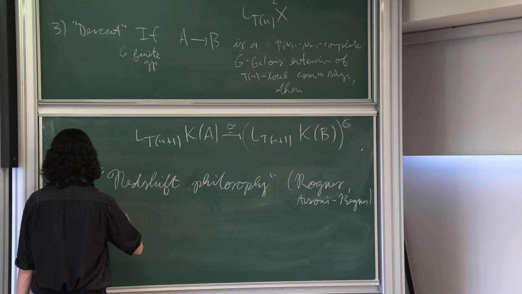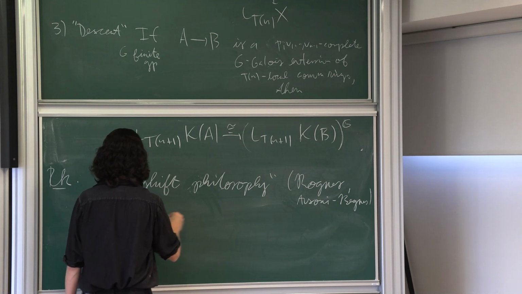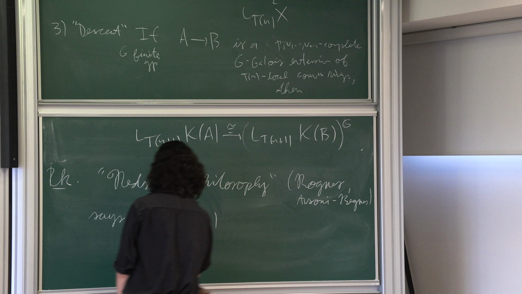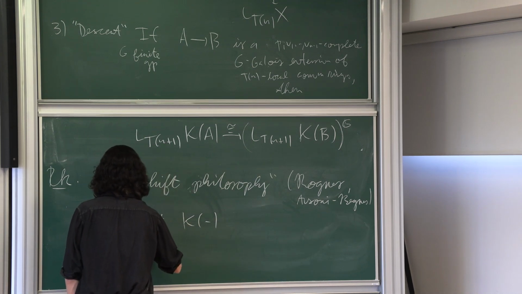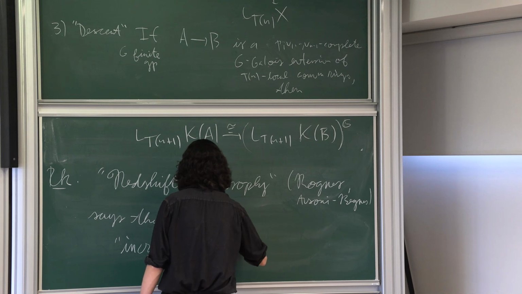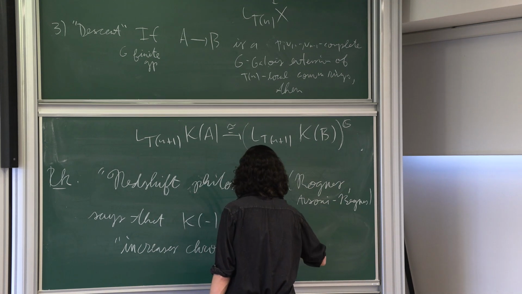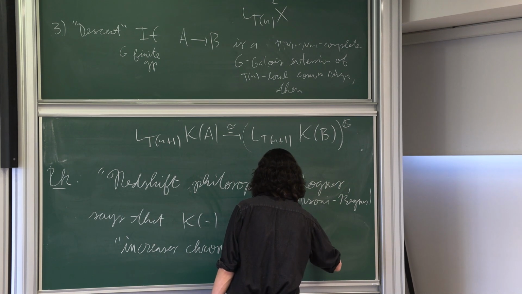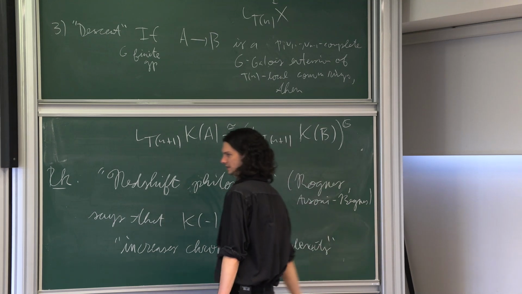It says that algebraic K-theory increases chromatic complexity. So that's kind of what's happening here.